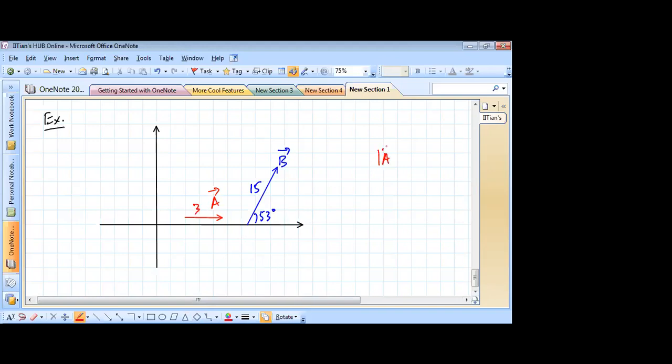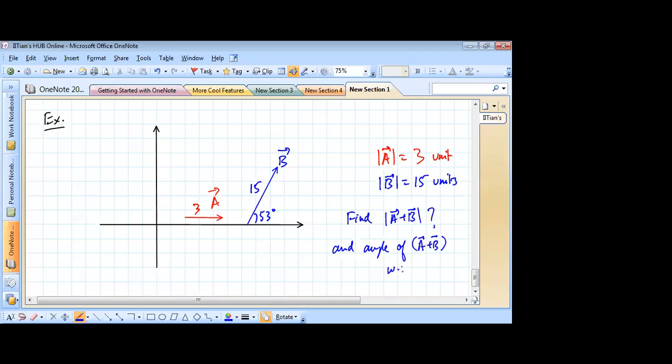So mod A is equal to 3 in some unit, and mod B is 15 of the same units. And the geometry is as I've shown over here. So you have to find the magnitude of A plus B with respect to the vector A. Just try this out.